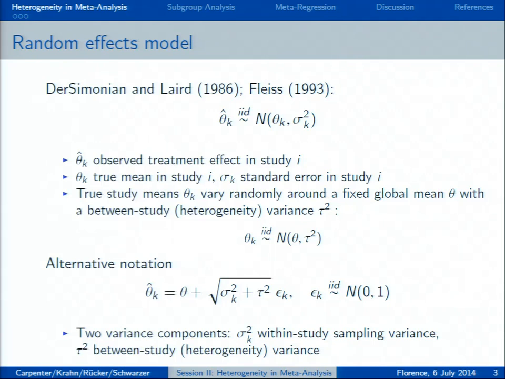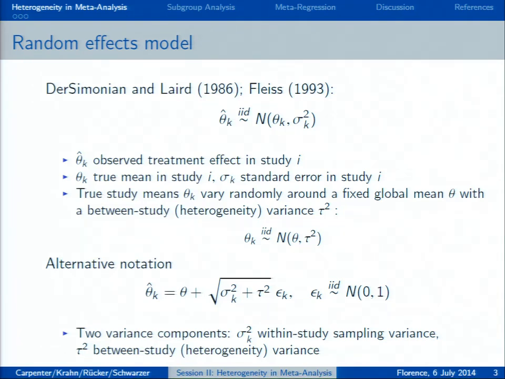So essentially, we're extending our regression model from this morning by allowing for an additional source of variance. So here's the overall effect, here's the effect from study k, and the variance of this about this depends on the between-study heterogeneity and then the within-study variability.